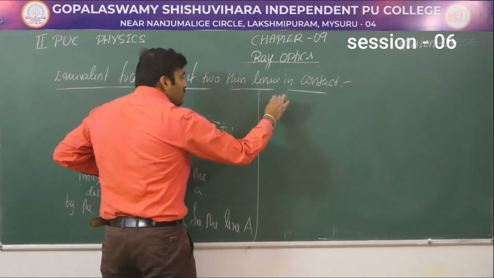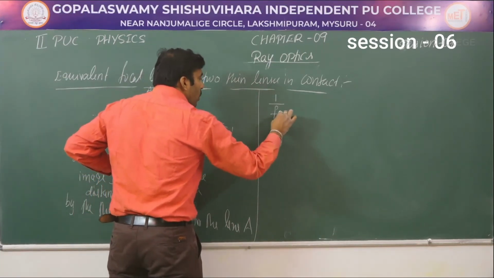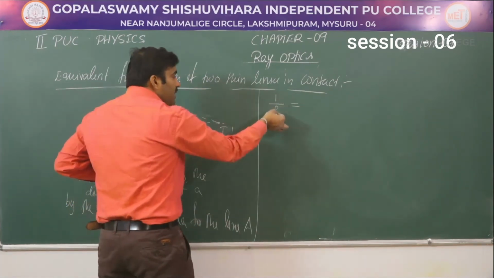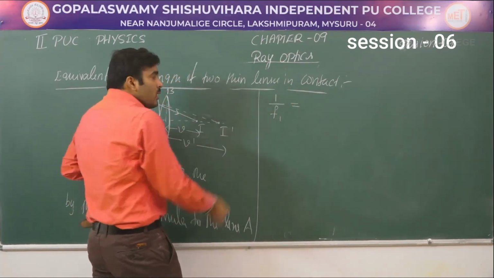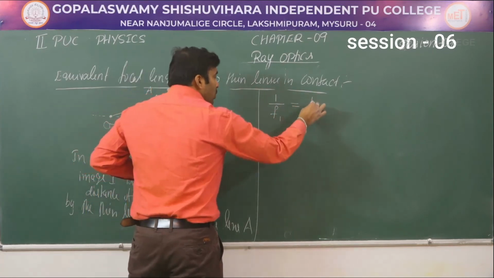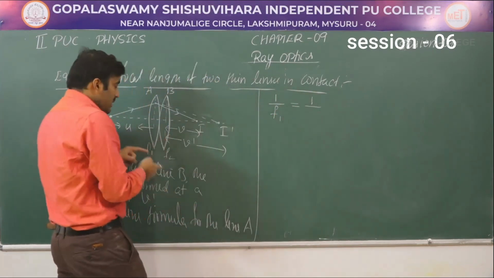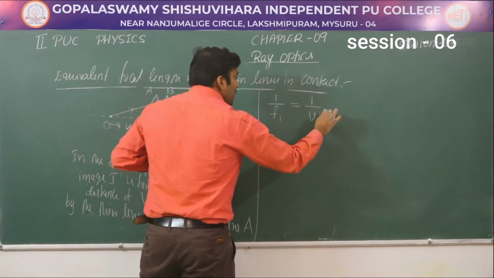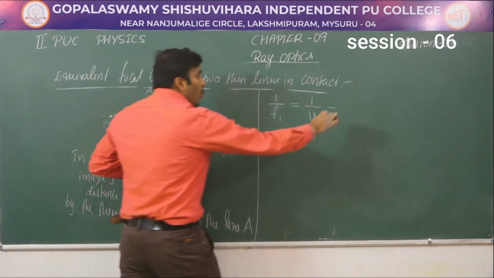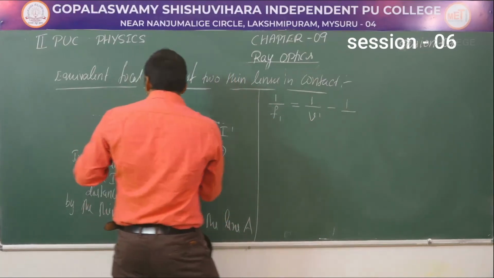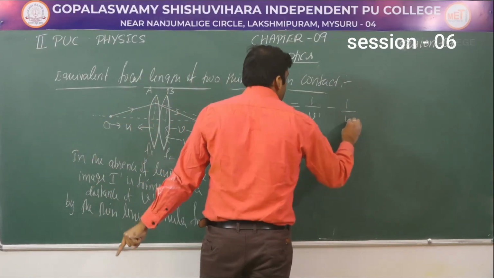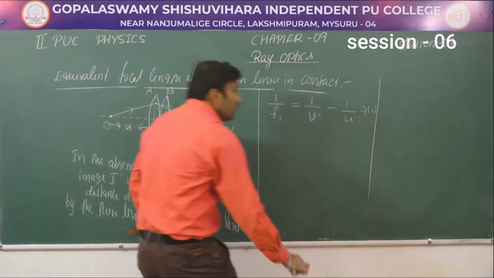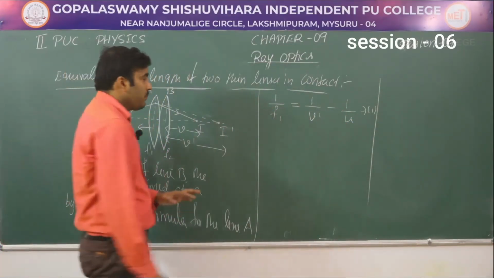Remember the thin lens formula, 1 by f is equal to 1 by V minus 1 by U. So 1 by f1 is equal to 1 by V dash minus 1 by U, where V dash is the image distance for the first lens and the object distance is U. Say this is equation number 1. Okay. Next.